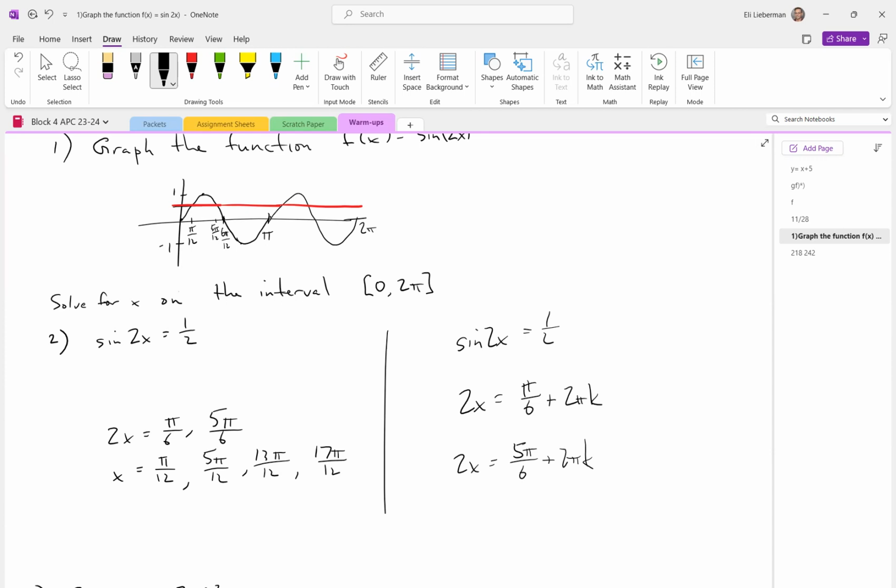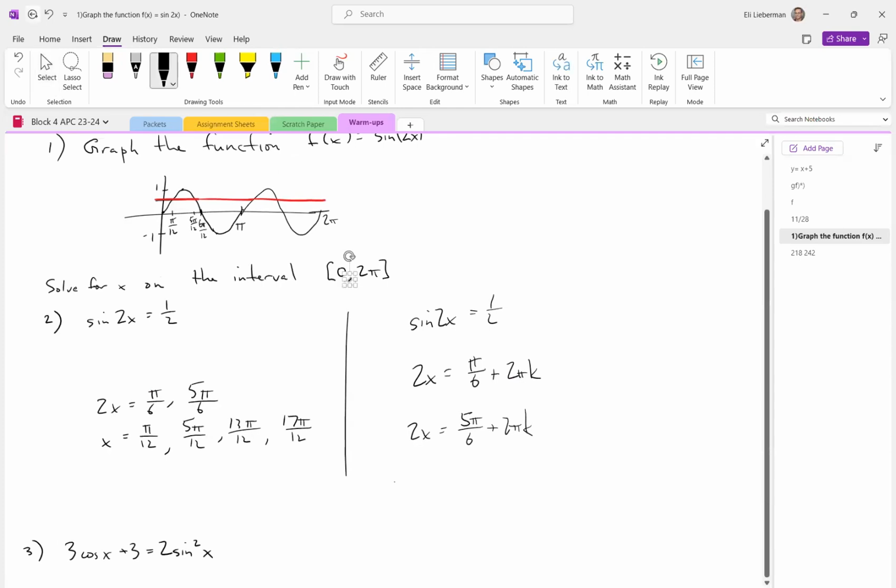Well, that one is either equal to this or equal to that, it just happens to be 2x. Now, from both of these, you multiply all sides by 1/2, which gives us x equals pi over 12 plus pi k, or x equals 5 pi over 6 plus pi k.